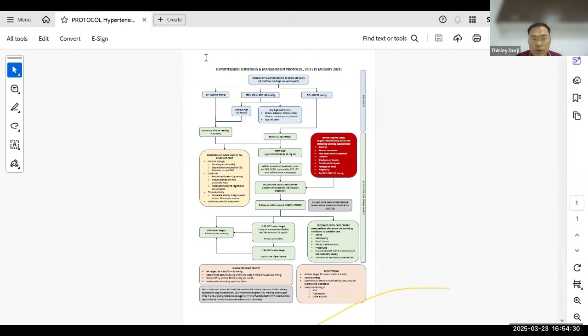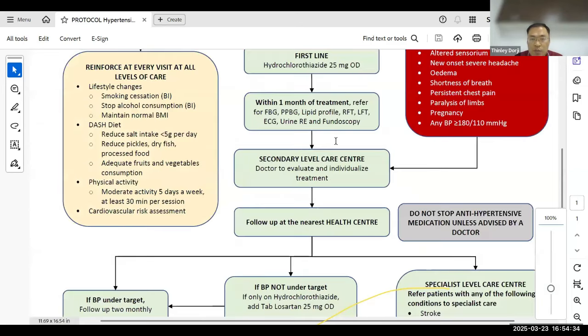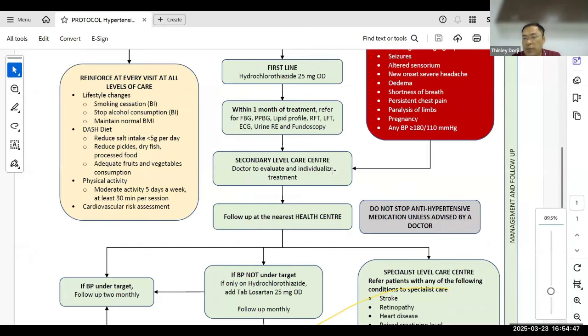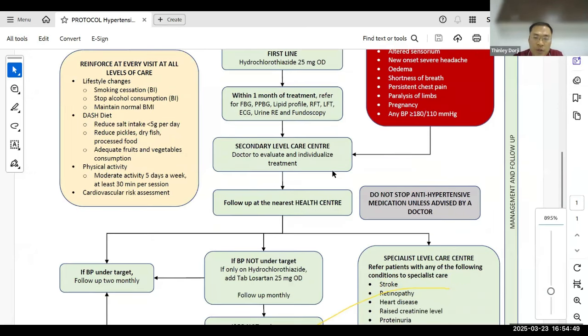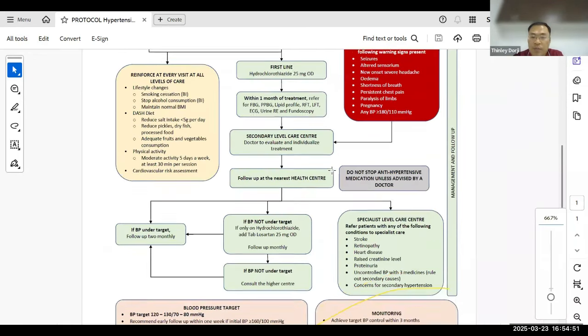This protocol takes very good care of almost the entire spectrum, but this box, how to individualize it, is a very big chapter, and I think there's going to be a separate guideline for this. And then when the guideline comes in, it will fit into here, and then we'll have a very clean set of protocol for management of hypertension in the country.